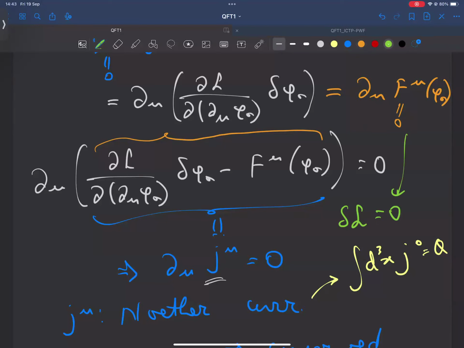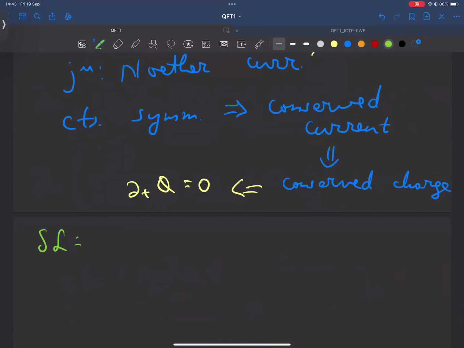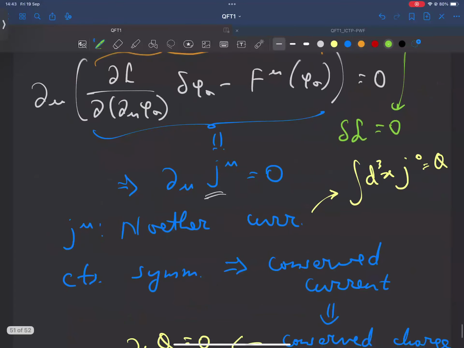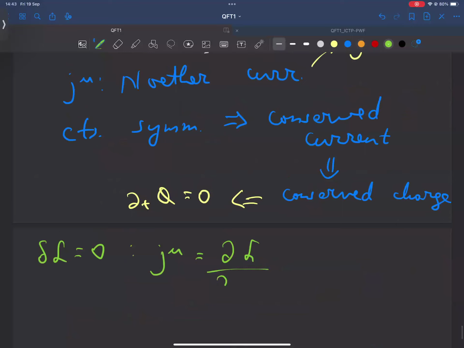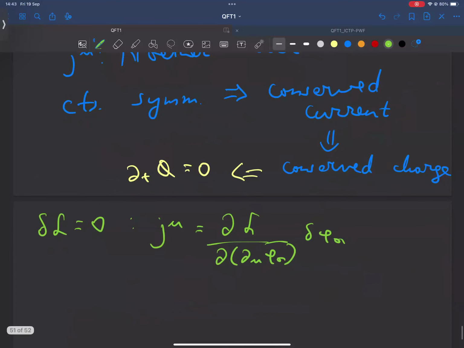In that case, the current is very easy to find, which is just this, because the f part is just 0.